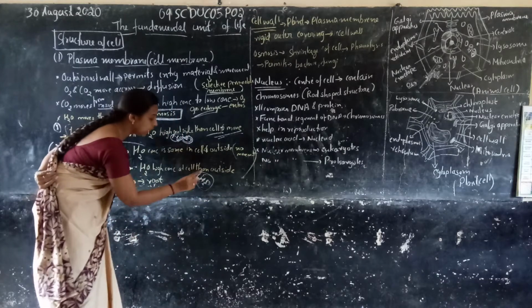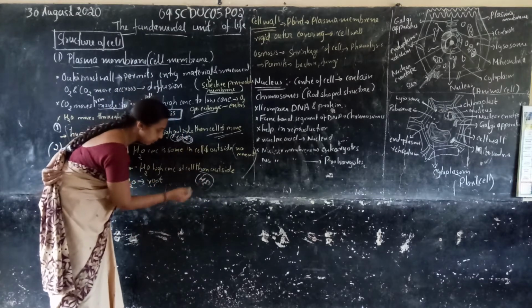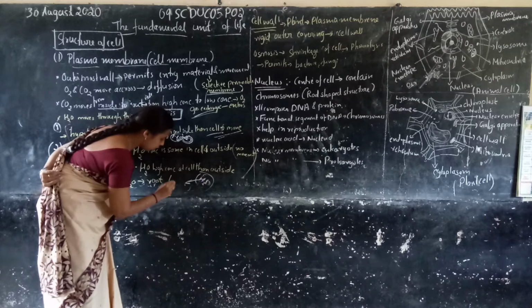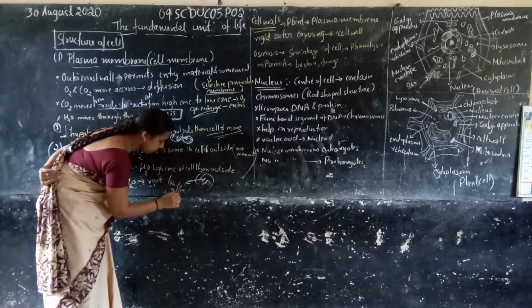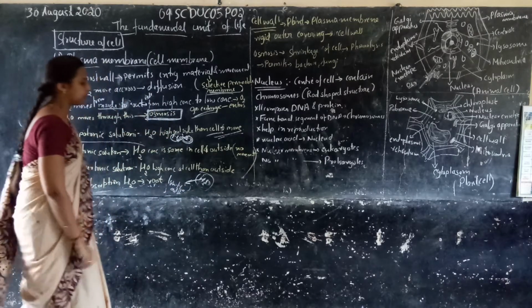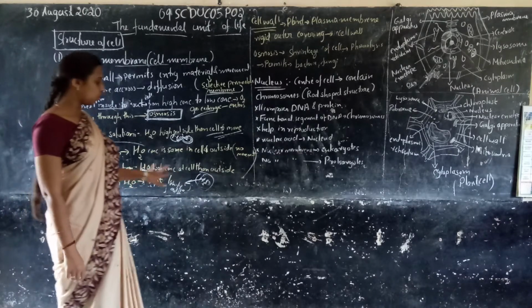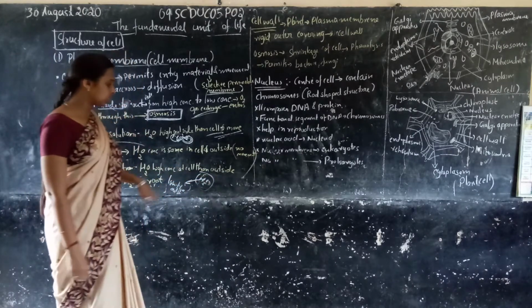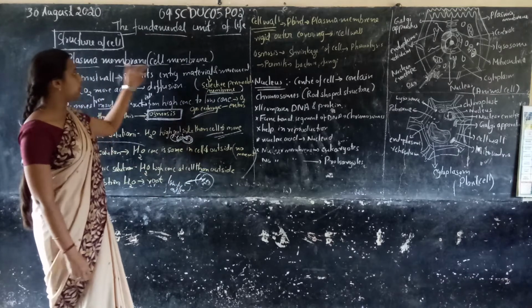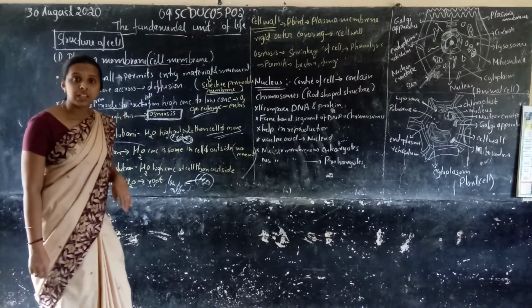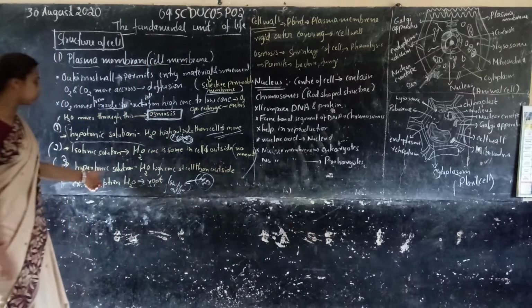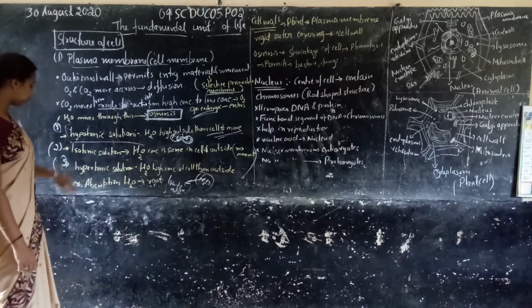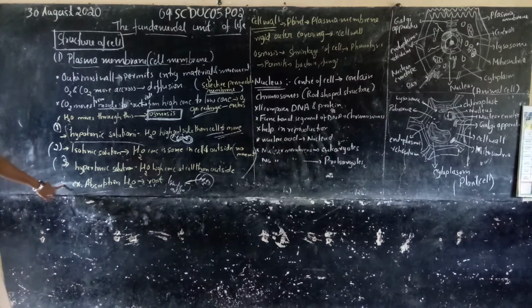So water molecules at high concentration in the cell move to the low concentration outside the cell through a semi-permeable membrane. So the high concentration of water in the cell moving towards the outside through the cell membrane is called a hypertonic solution.